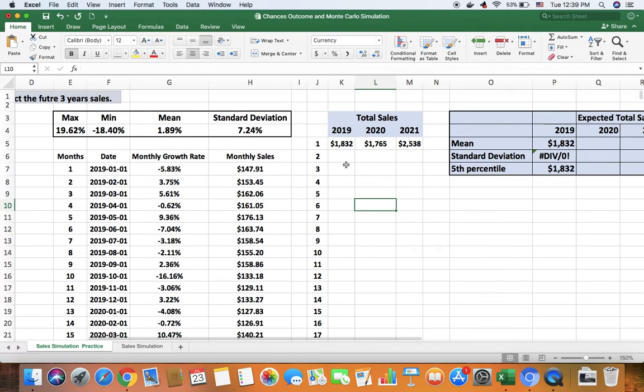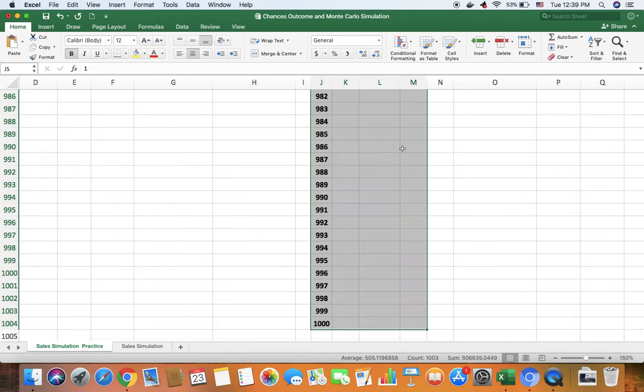Then select this row and press Shift, Control, downward arrow. We are going to conduct the Monte Carlo simulation.